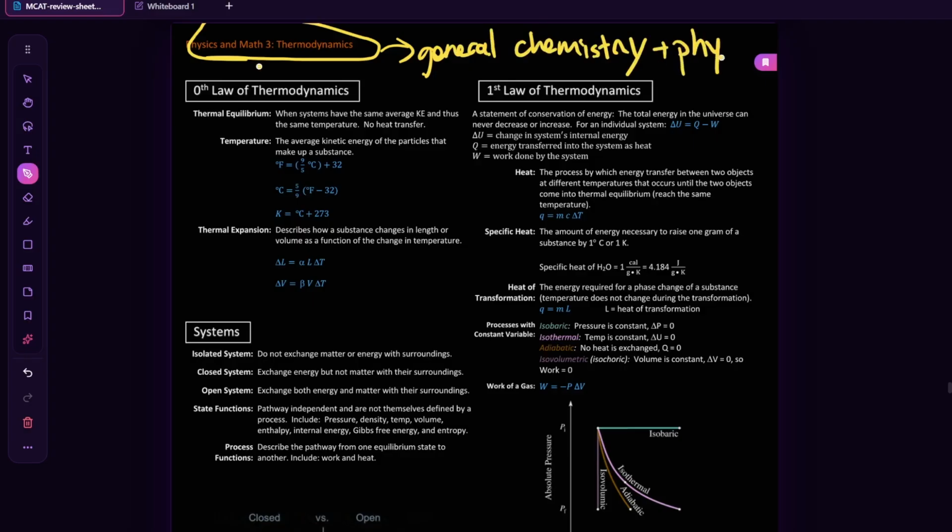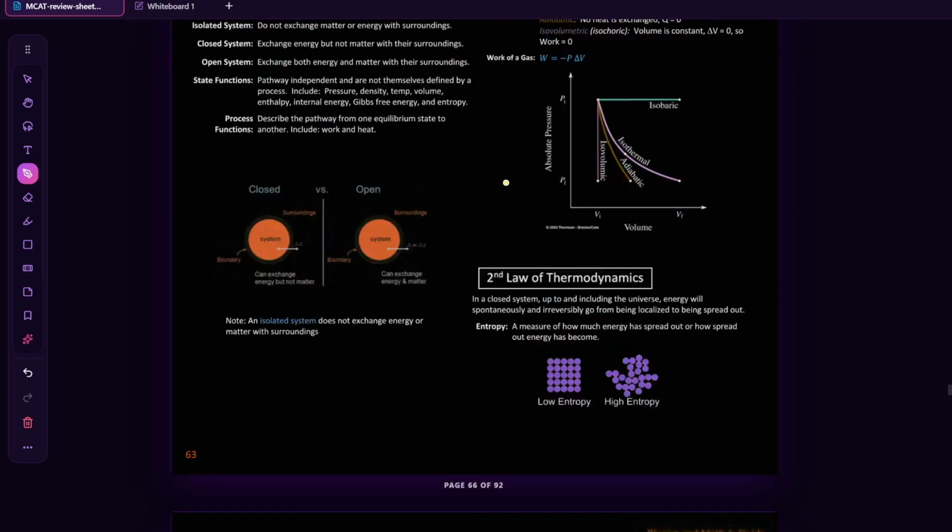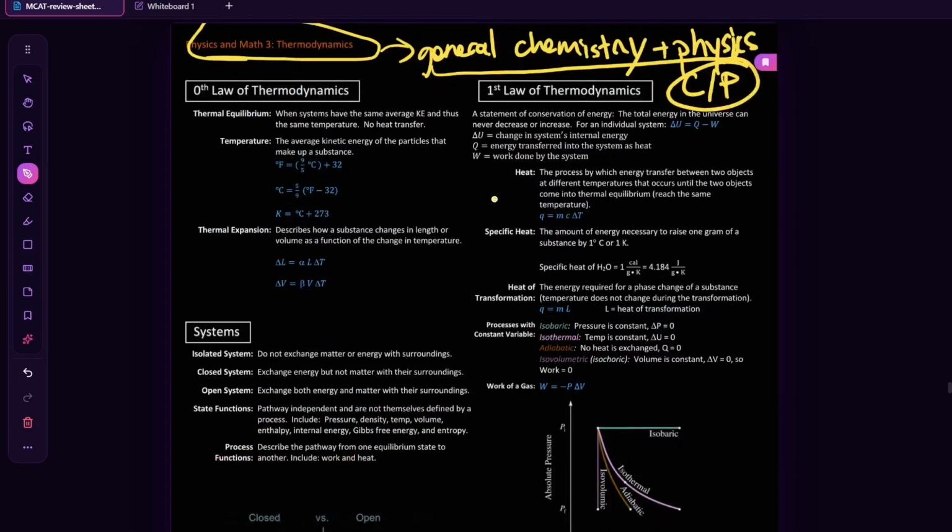The chemical and physical section, the CP section of the MCAT, is examined together, so learning them in tandem can be useful because this same material is covered in chemistry. If it's still confusing, visit the general chemistry video that I already have. Once you master general chemistry, physics is a good next move. So what are systems?